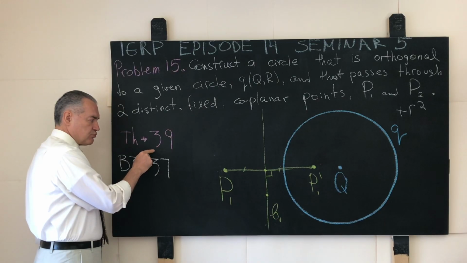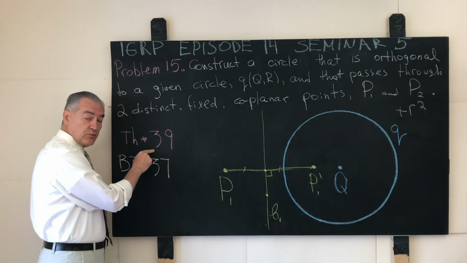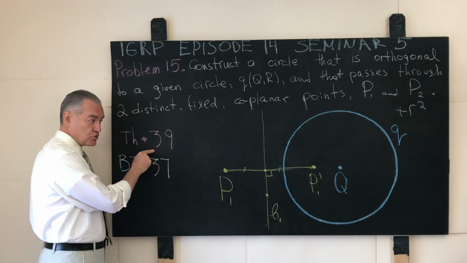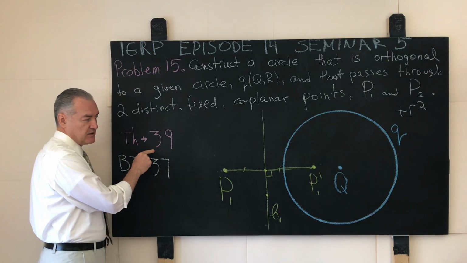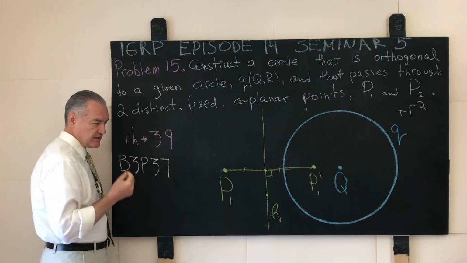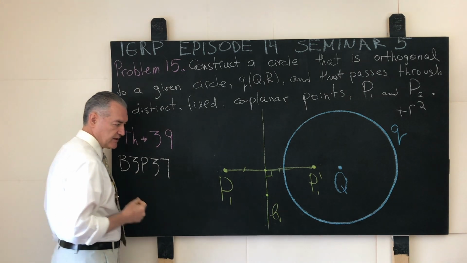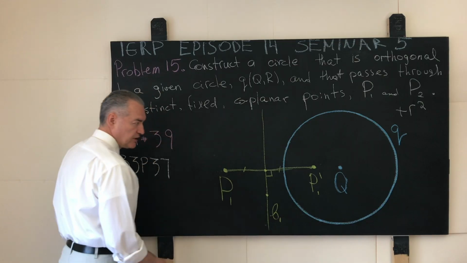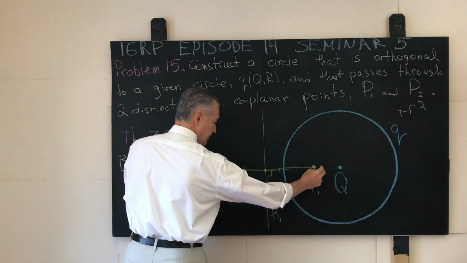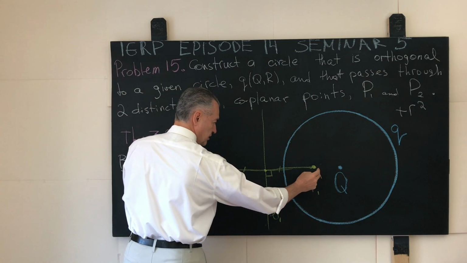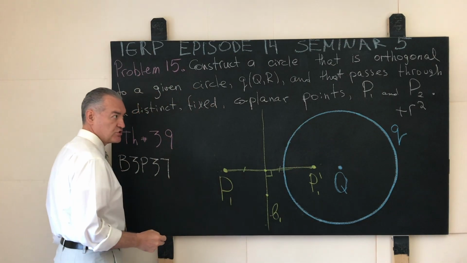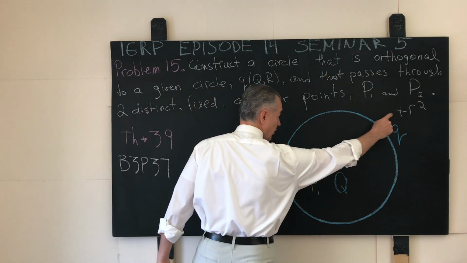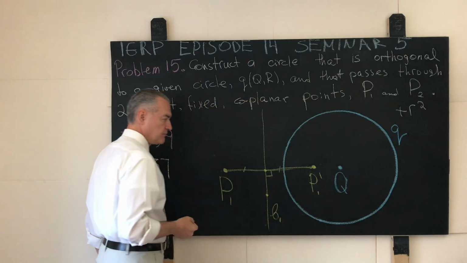When I was presenting the proof of the theorem number 39, I put together an animation for you to show that idea, but I did not make the main character of that animation the perpendicular bisector B1. I only emphasize the fact that the points P1 and P prime 1 are the inversive images of each other with positive power in the given circle.